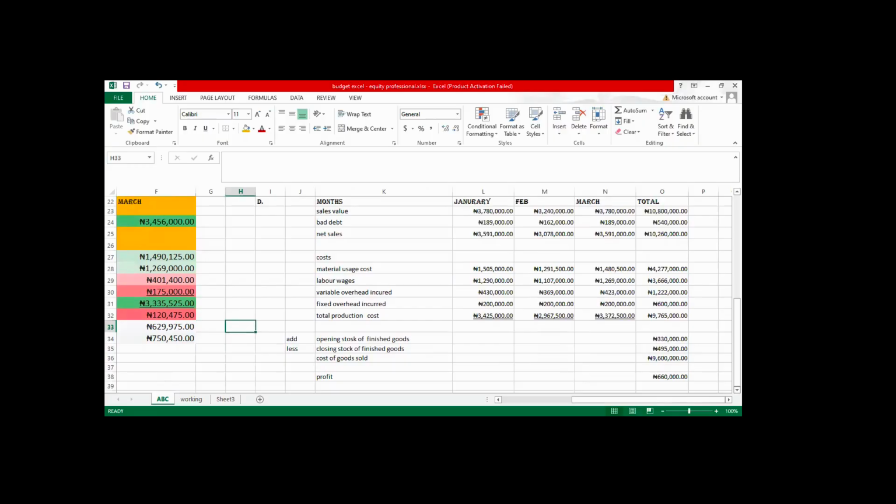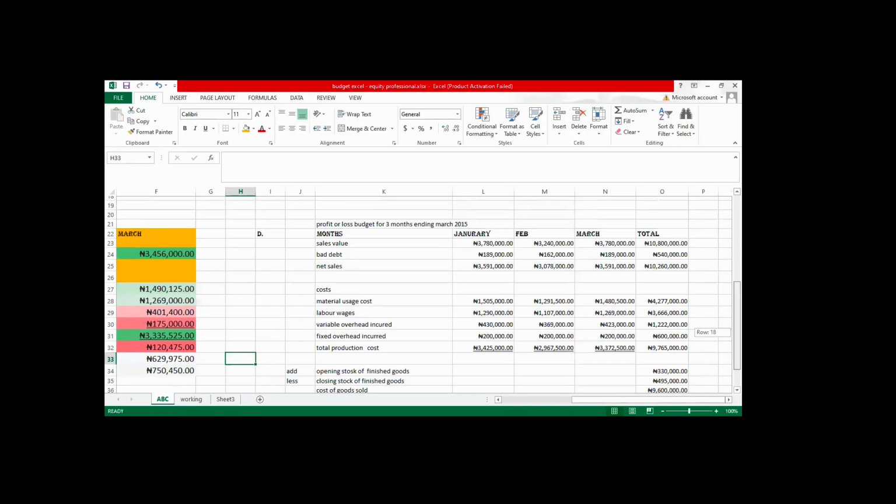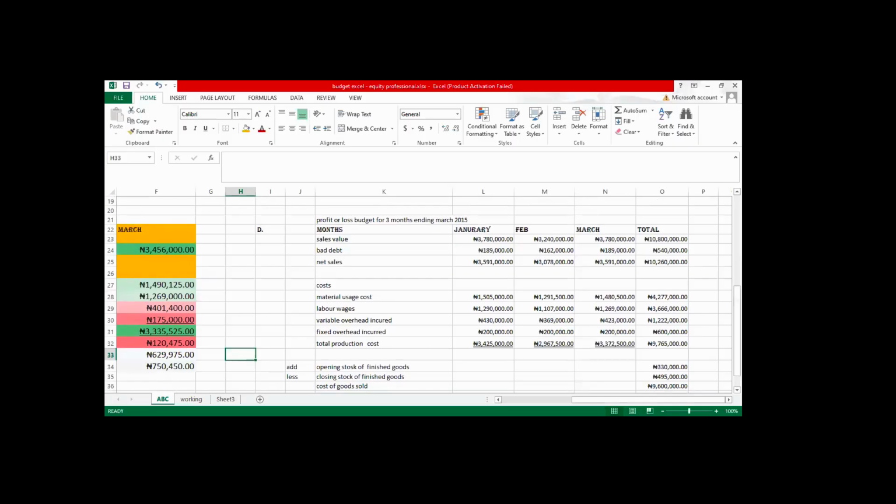Honestly, the objective is to, but we cannot touch this. You may go through it. The last aspect is profit or loss budget. If you are to prepare profit or loss budget, you are going to prepare using accrual concept.